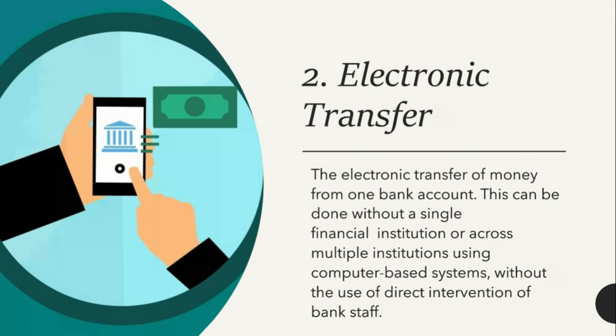Our second instrument of exchange is the electronic transfer. And we are very used to this type of instrument of exchange because it is common even today, right? So it says the electronic transfer of money from one bank account to another. This can be done within a single financial institution or across multiple institutions using computer based systems without the direct intervention of bank staff.